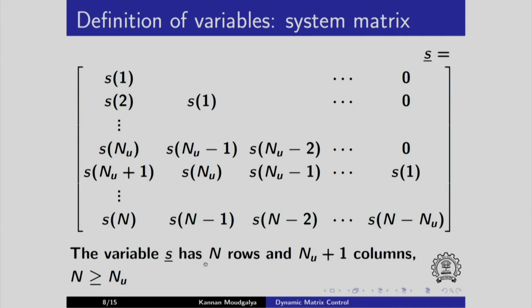So this matrix S underscore has n rows, you can see 1 through n, and Nu plus 1 columns. You can see here 1 through Nu plus 1. And because of the condition that delta U becomes 0 after Nu, you do not have subsequent terms. As a result, this is a tall matrix.